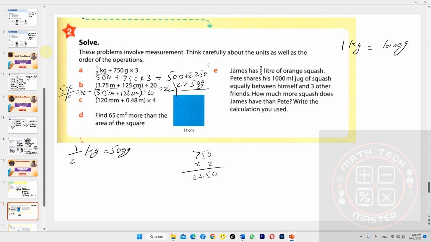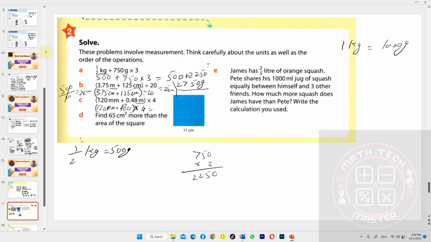In the third question, we can change the meters into millimeters by using the same method. We know that there are 1000 millimeters in 1 meter, so we will simply multiply 0.48 by 1000, so it will be 480. So whatever the answer comes, we will multiply the answer by 4.